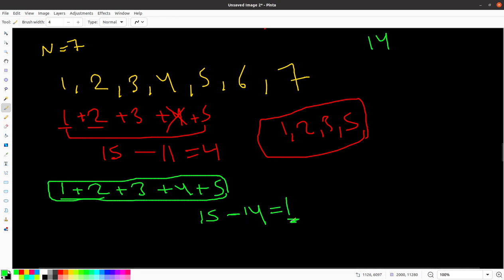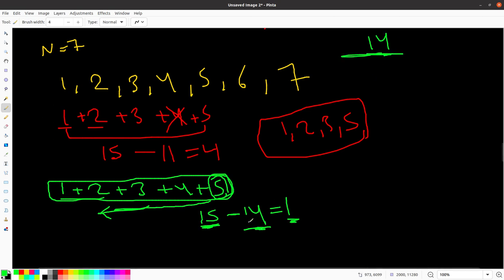Notice that whenever we add a number that makes the sum greater than what we need, there will always be a number before it equal to the difference from the target.